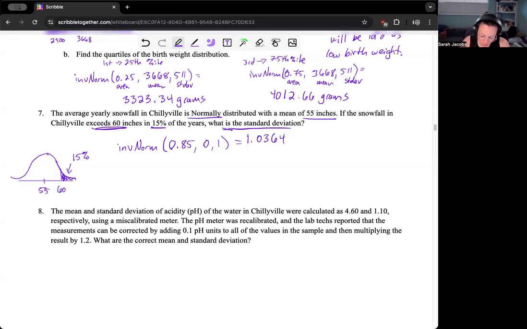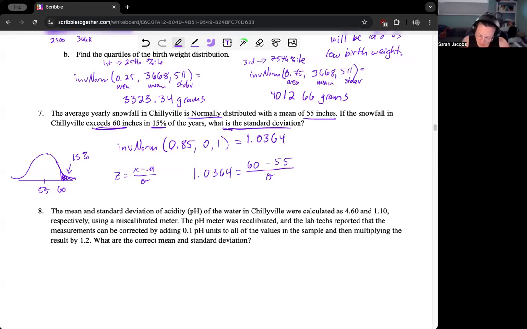Now, to find the standard deviation, I set up my z-score formula. So z equals x minus mu over standard deviation. Now I know that my z-score is 1.0364 for 60 inches, when we subtract a mean of 55 inches, all over the standard deviation.